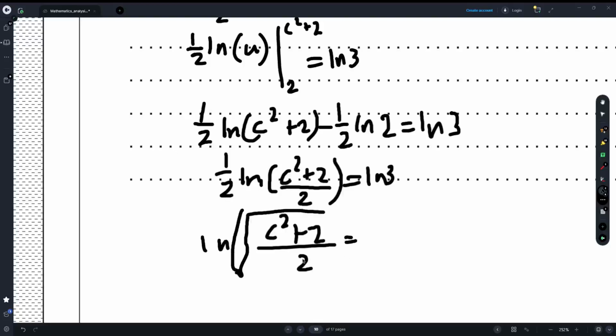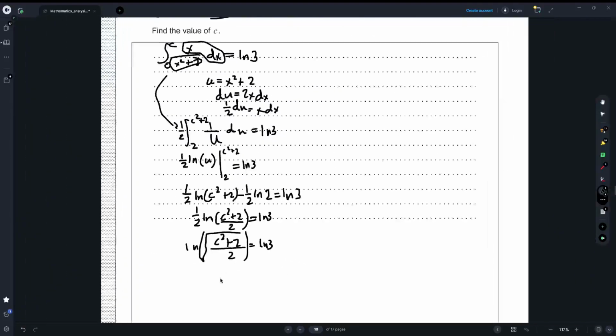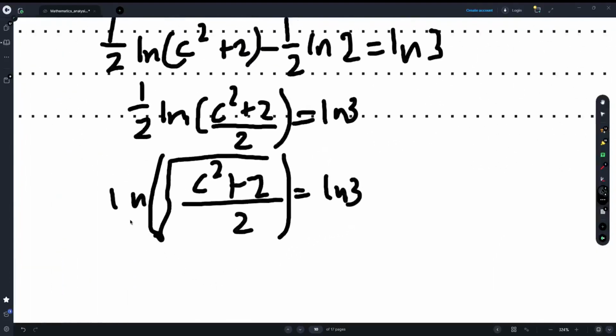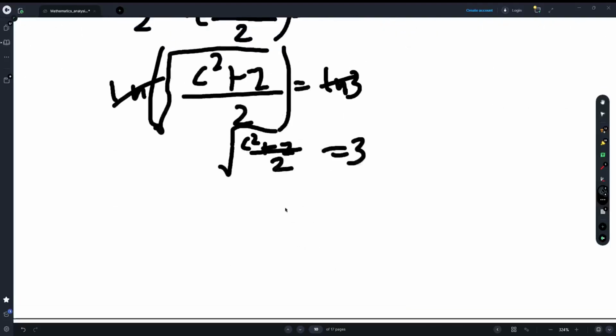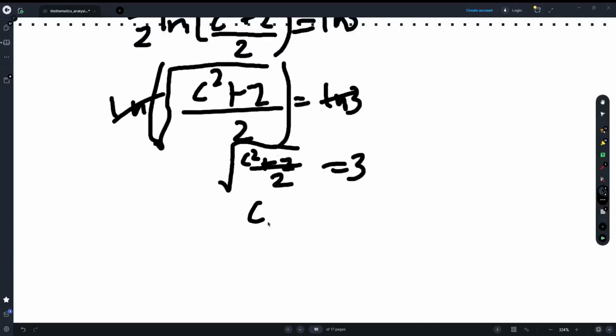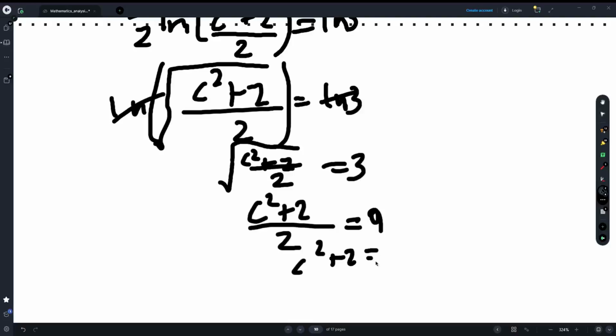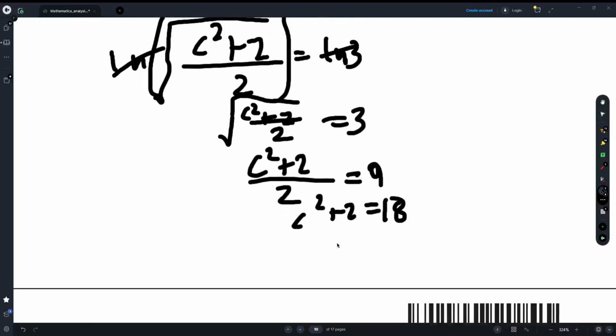So we cancel out the ln's, and we just get root of c squared plus 2 over 2 equals 3. Square both sides, we get c squared plus 2 over 2 equals 9, c squared plus 2 equals 18, c squared is 16.